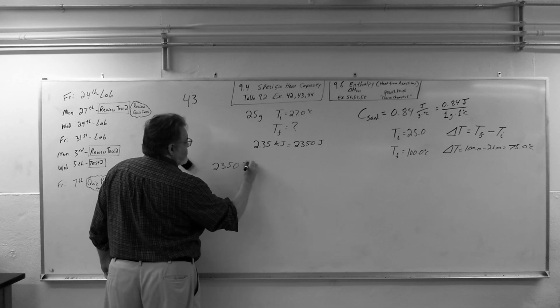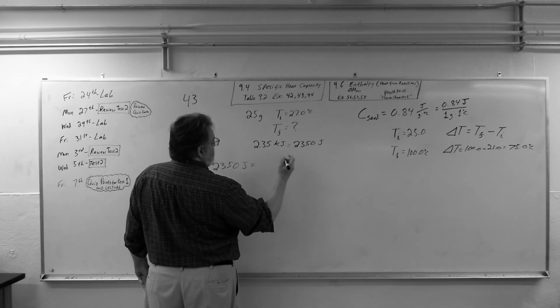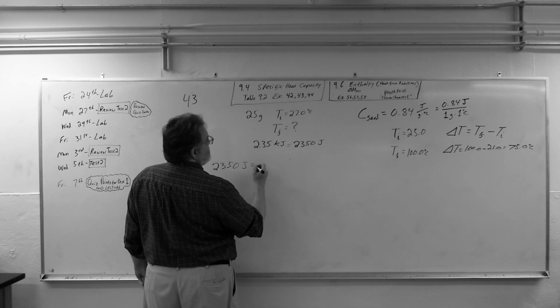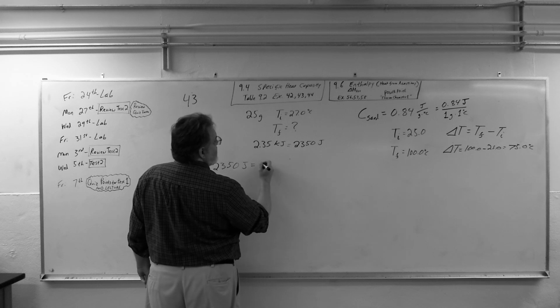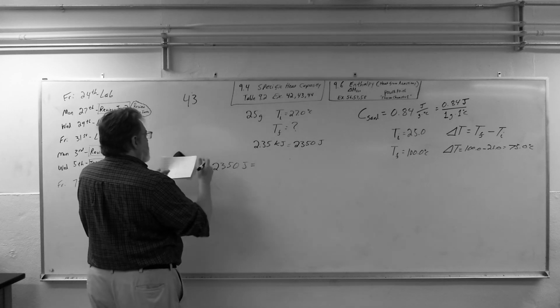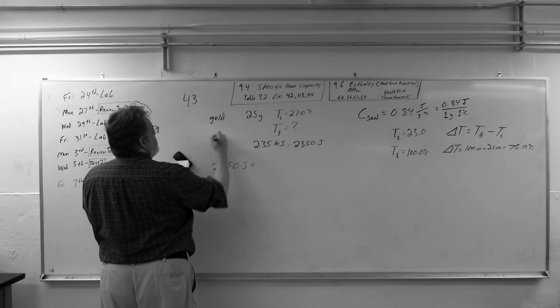2350 joules equals, and we've got the substances. Okay, so for the first one, the substance is gold.